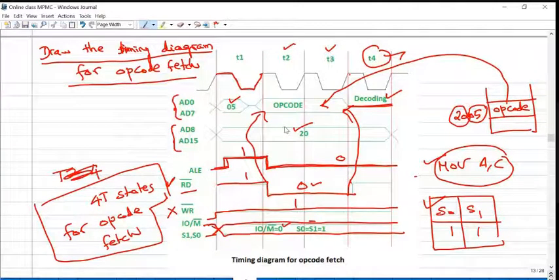Four clock cycles are required; at minimum 4 T states are required for fetching the opcode from the memory by the processor. Any doubt in this particular timing diagram? Please respond, students.